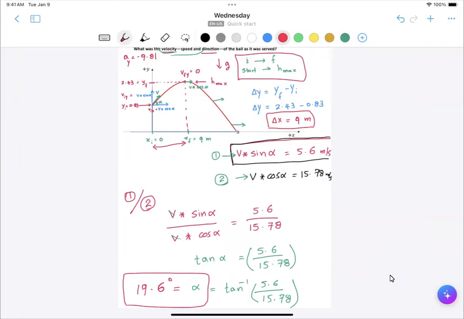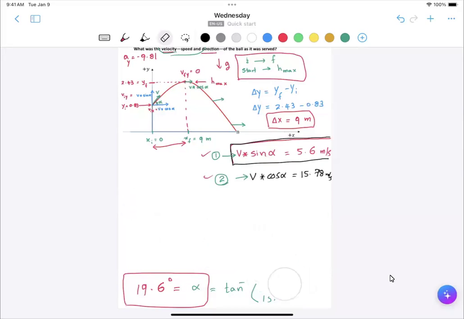Once you have alpha, you can go back to equation number 1 or number 2 to find v. If you go to equation number 1, you have v times sine of alpha equals 5.6.